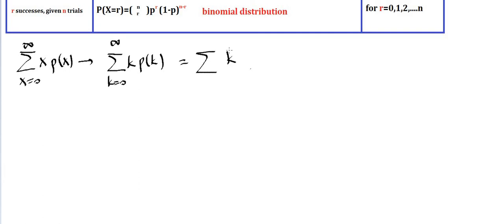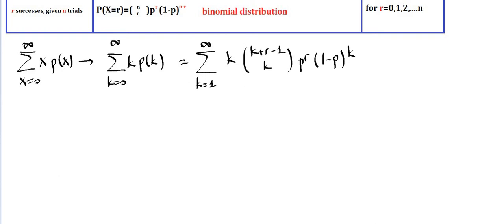So k times the mass function, we said we're going to use the top function, which was k plus r minus 1 choose k, p to the r, 1 minus p to the k. And here k is starting from 1 to infinity, because if we start from 0, that cancels out the whole function.